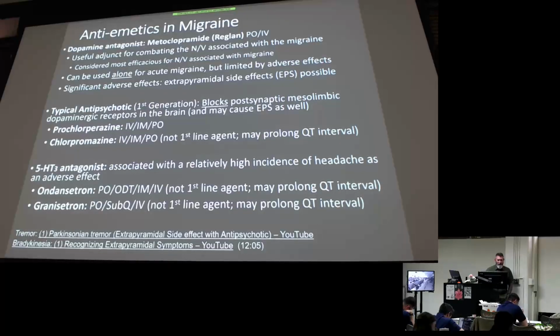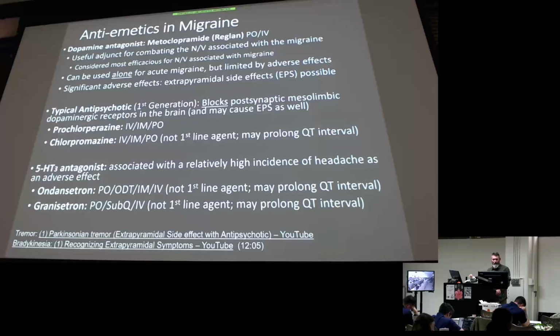You also have a couple of other options, right? The typical antipsychotics, prochlorperazine and chlorpromazine, so Compazine, Thorazine, those are second line. But the Reglan metoclopramide is the big player for anti-nausea and vomiting in migraines.